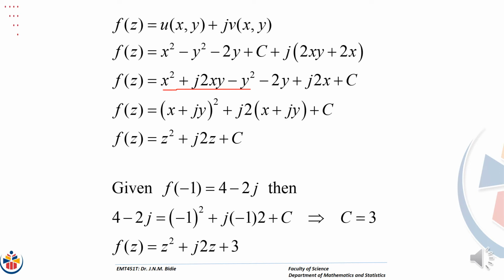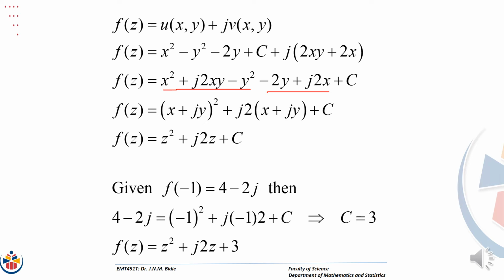And then the next two terms that we have are minus 2y plus j2x. We need to also recall that negative 1 represents j squared. So that means for the next two terms, we've got a common factor, which is positive 2j, so that we can have x plus jy.